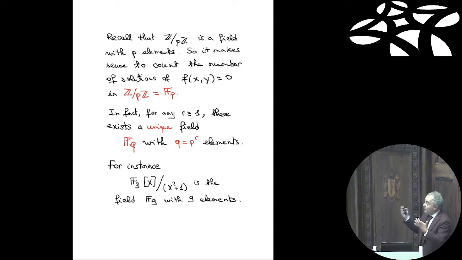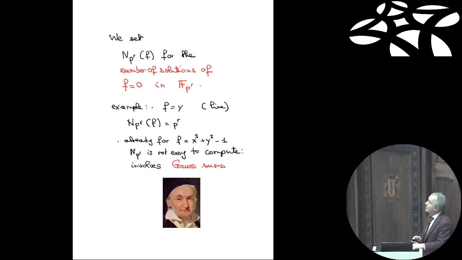But that's not a matter for us. Let's just continue by saying that for any q, a power of a prime number p, there exists, so to speak, a unique field with q elements, F_q. So this is what we will consider now.